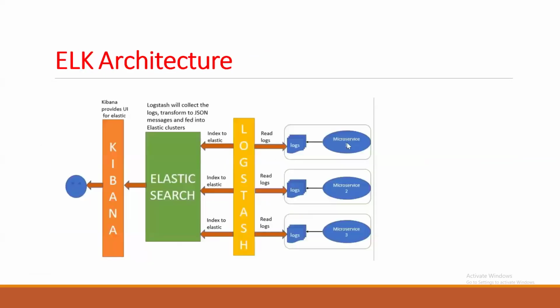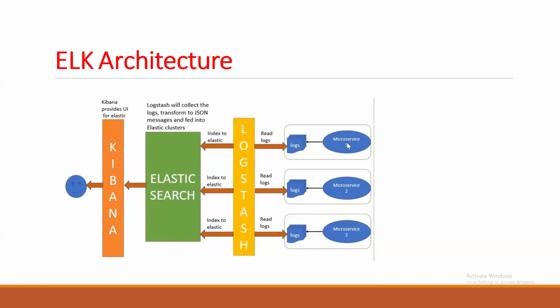So for example, the ELK architecture. I want to run the application logs on all the pods, right? Kubernetes provides a UI to Elasticsearch, Kibana, and Logstash. Logstash will collect the logs, transform them to JSON messages, and feed them into the Elastic cluster.